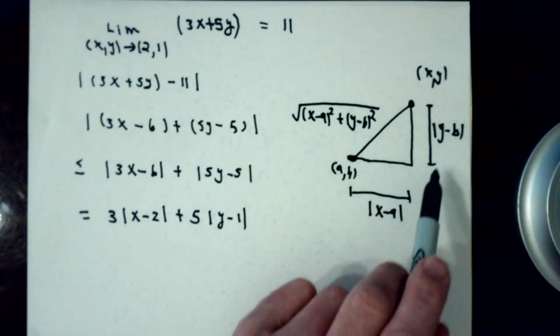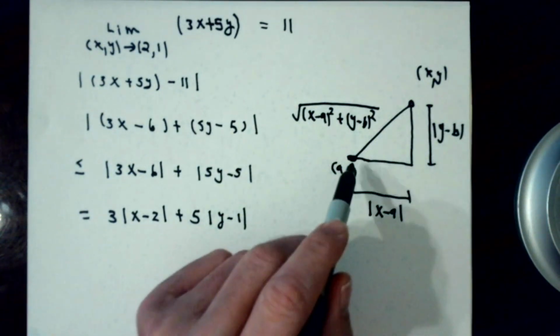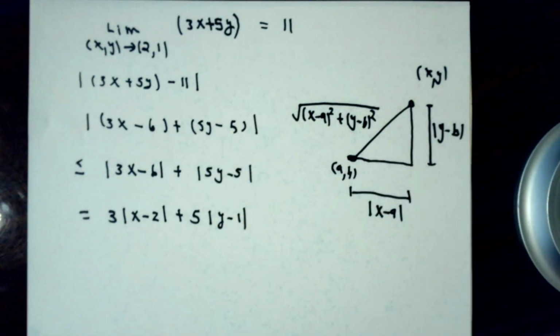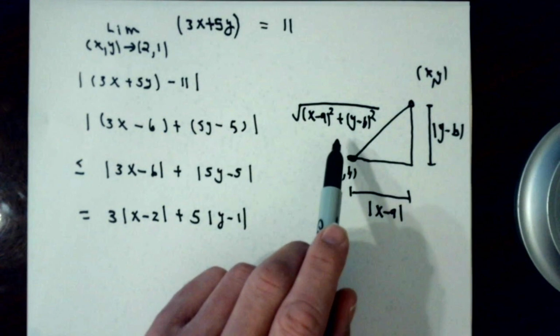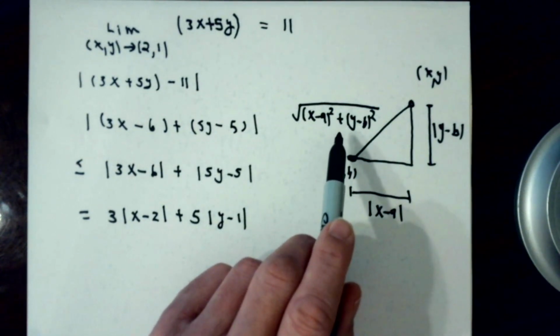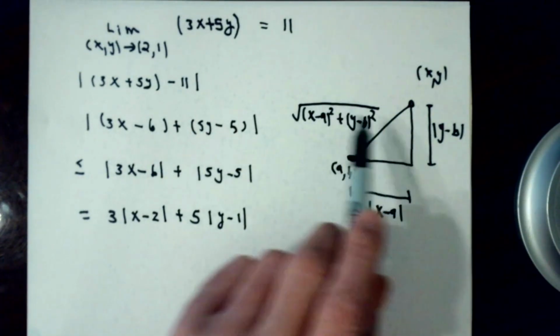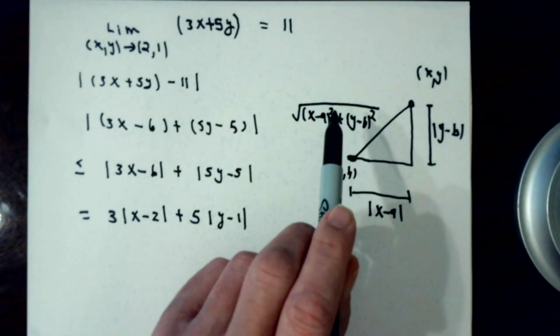The vertical distance is the absolute value of y minus b, and the distance between the 2 points is given by the distance formula. If you'll notice, in the distance formula, the quantity underneath the square root is bigger than (x minus a) squared, so this distance is bigger than the radical of (x minus a) squared.